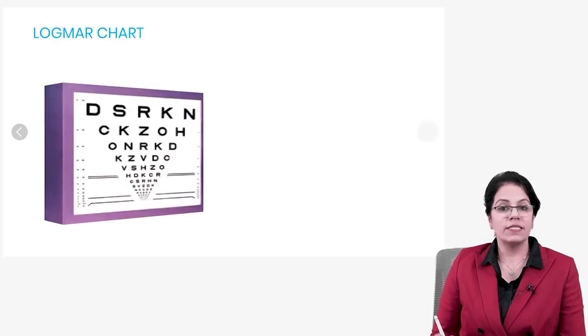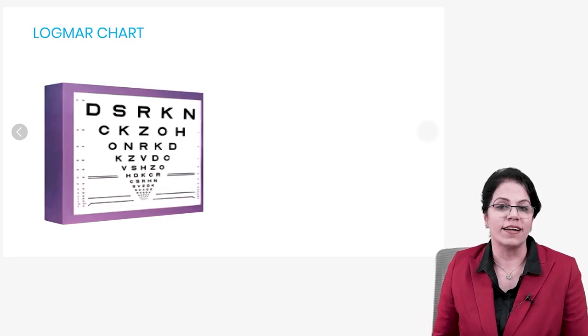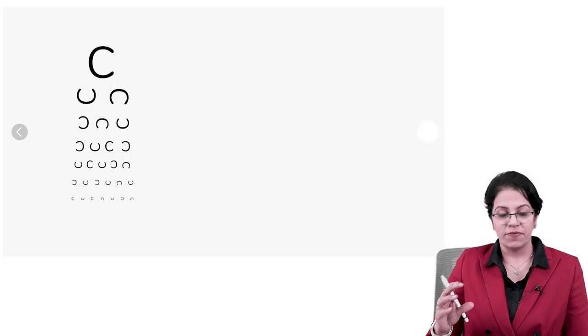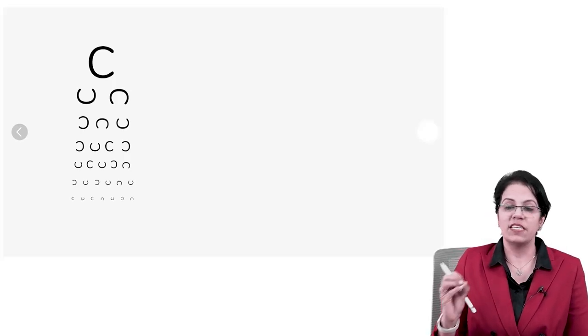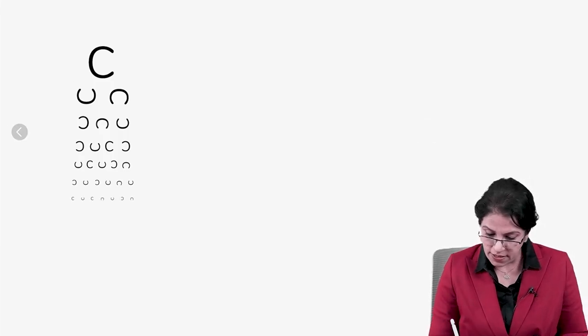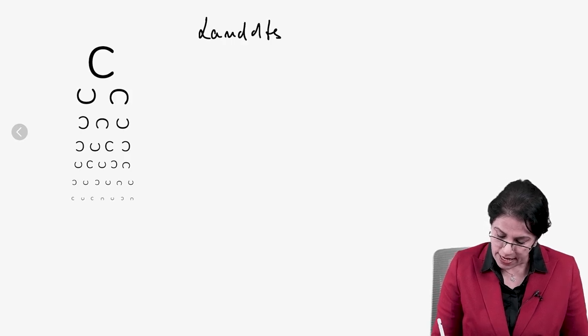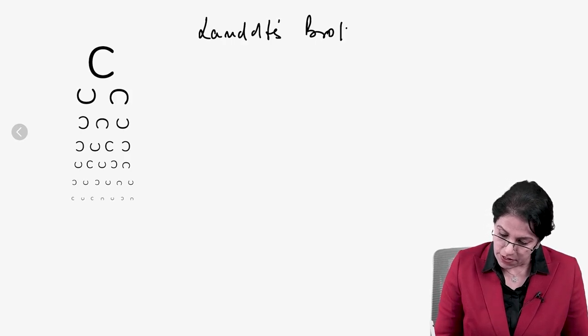Okay, so this is also the same, that is the logMAR chart. And what is this chart called? This is mainly for illiterates, where you ask where the mouth of the ring is opening. The name is Landolt's broken ring test.